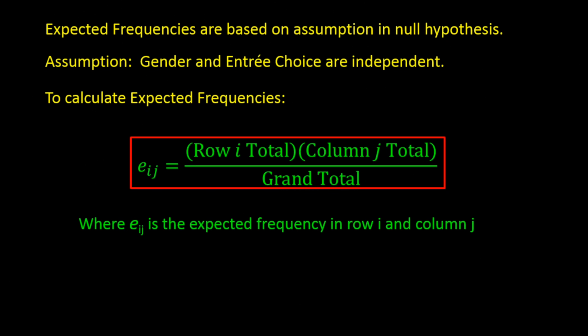E, our expected frequency for each observation, is equal to the row total times the column total over the grand total. The subscripts for the letter E are i and j, and that refers to the ith row and the jth column, since we will be looking across each row and down each column to get the expected frequency counts for each intersection or cell.